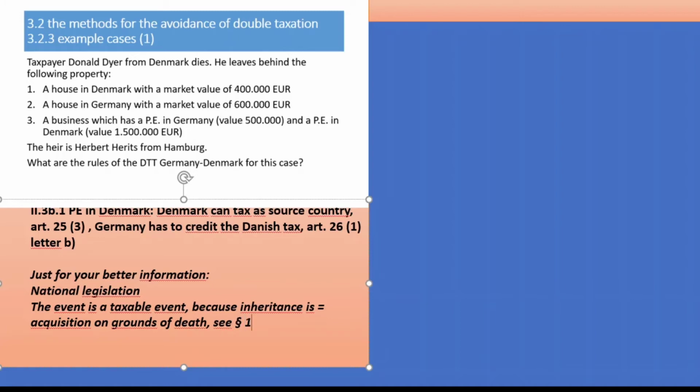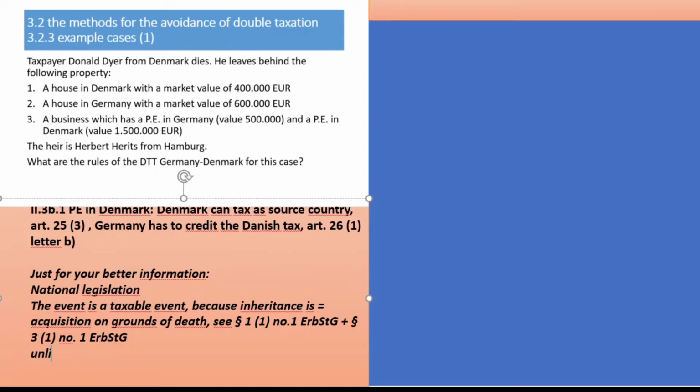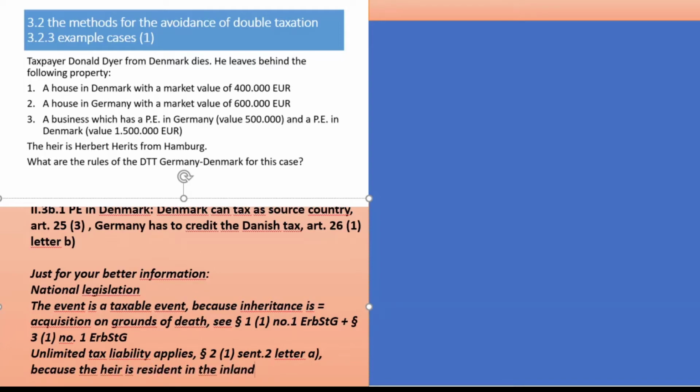I hope you remember the rules: Paragraph 1 number 1 plus 3 1 number 1 of the Inheritance Tax Act in Germany. It is unlimited tax liability which applies. We can see that in 2.1 sentence 2 letter A, because the heir is resident in the inland.